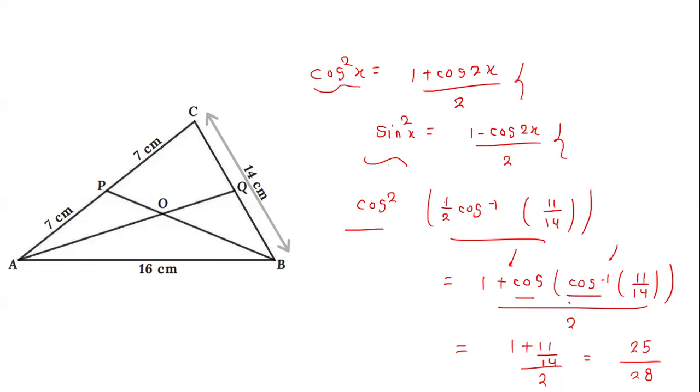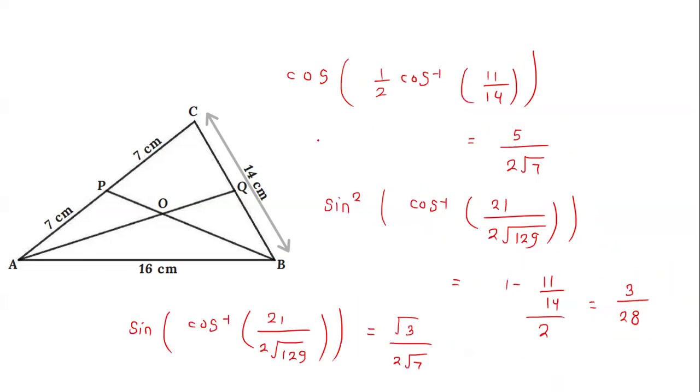So cos of cos inverse of 11 by 14 is simply 11 by 14, and 1 plus that divided by 2 will come like 25 by 28. If you take the square root, it will become 5 by 2 root 7. So cos of half of cos inverse of 11 by 14 is 5 divided by 2 root 7.